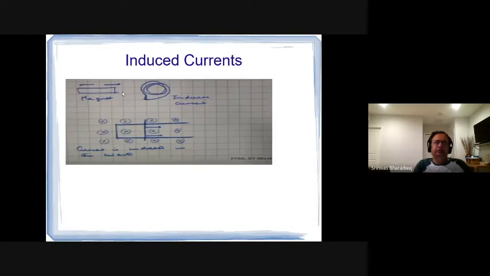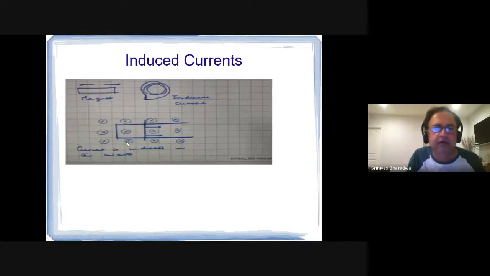Very similar to this idea, say you had this square rod, and another piece of metal which completed the full circuit. This is a closed circuit. Then you move this metal back and forth in this magnetic field, and there is a current induced in the circuit.